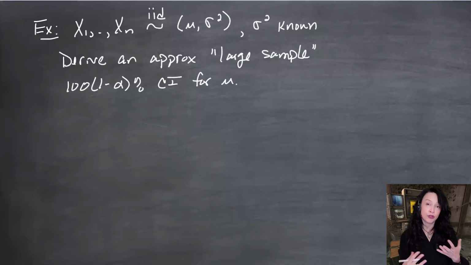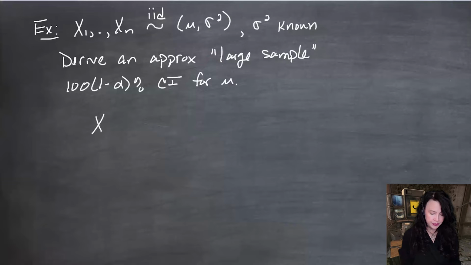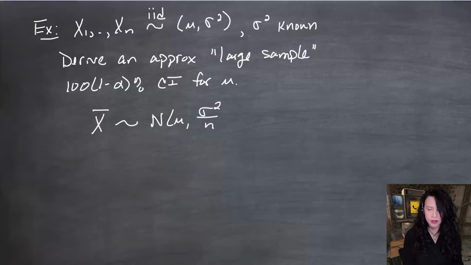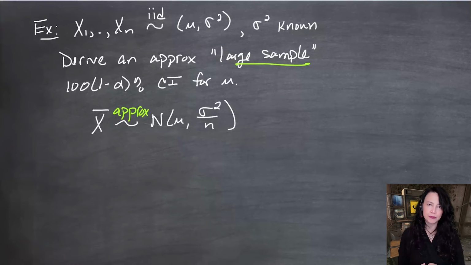Because we want an interval for mu, the true mean, we would probably start with the sample mean. In our last example, we said this has a normal distribution with mean mu and variance sigma squared over n, and we continued. Now, we don't know the distribution, but if we have a large sample, n greater than 30 or 40, we can say we have something that's approximately normal.